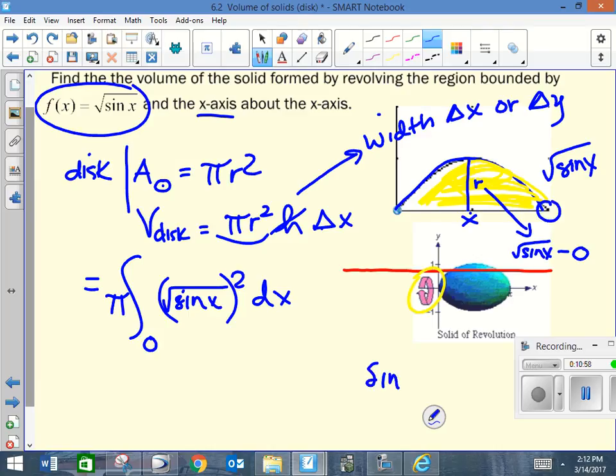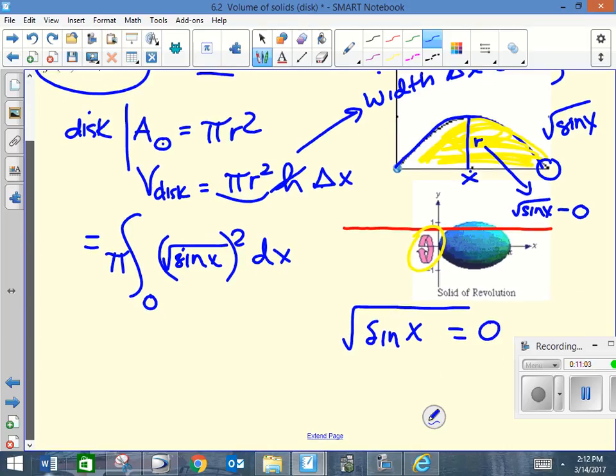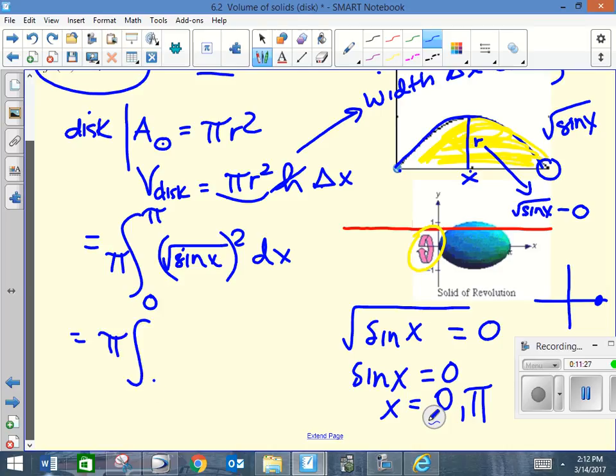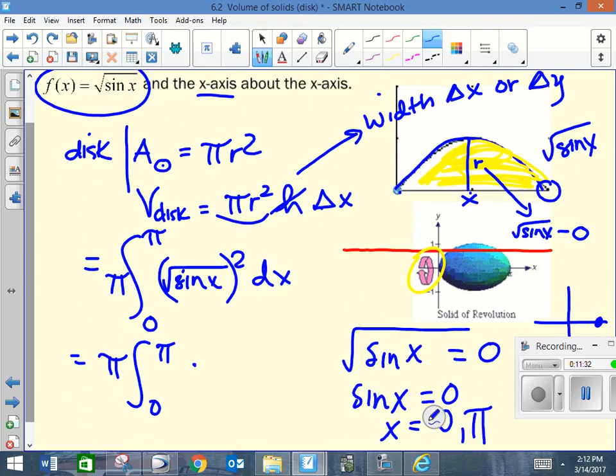That's where radical sine of x equals 0, which is where sine of x equals 0, where x equals pi. So 0 to pi of radical sine of x squared, which is sine of x dx.